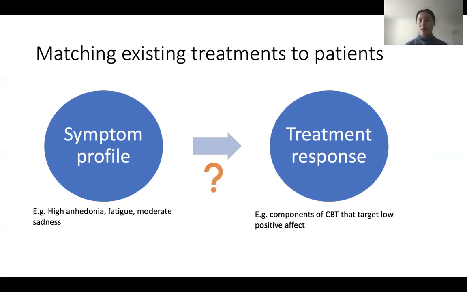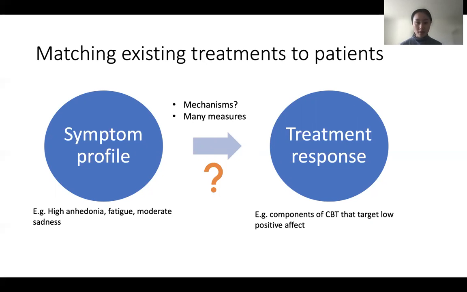However, there are two questions about this line of research. One is that just mapping symptom profile to treatment response doesn't tell us anything about the mechanisms that drive this constellation of symptoms. So we never know why these symptoms often coexist with each other.